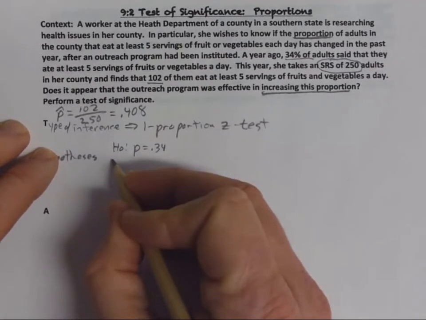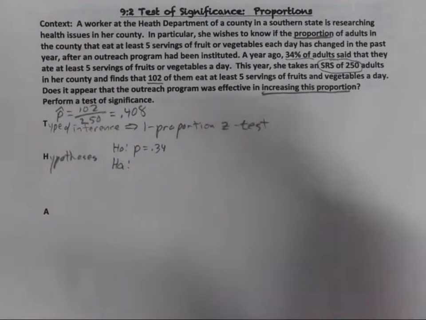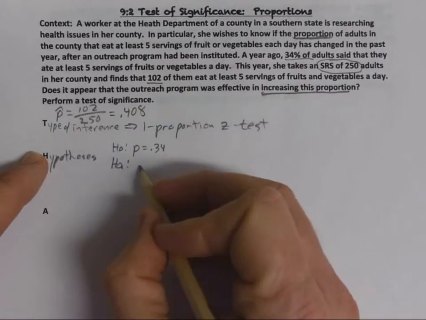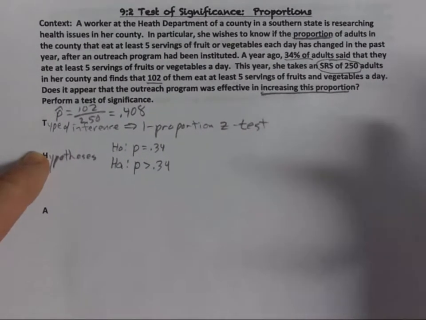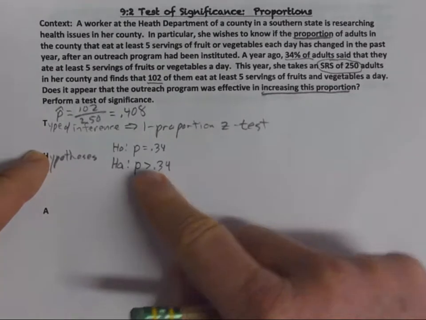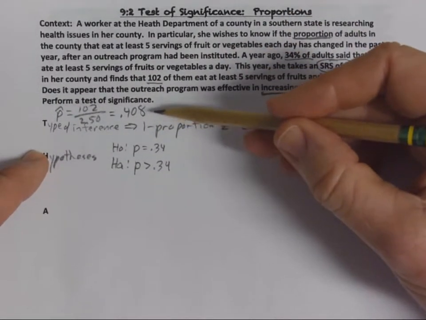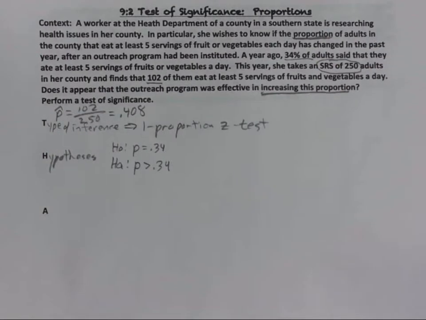Now, our alternative, which is this notation here, H sub A, is what we suspect might be true. And in this case, we're expecting that it's increased, so we're suspecting that p is greater than 0.34. By the way, you have to have some reason to go greater than, aside from looking at the sample. You cannot look at your sample data and say, oh, the sample was more, so therefore I'm going to go greater than. You can't do that, okay?